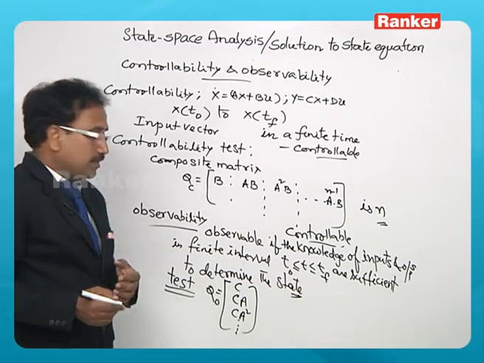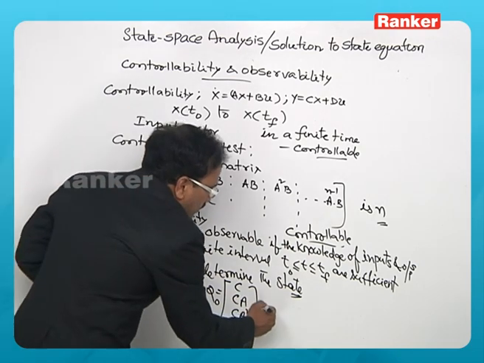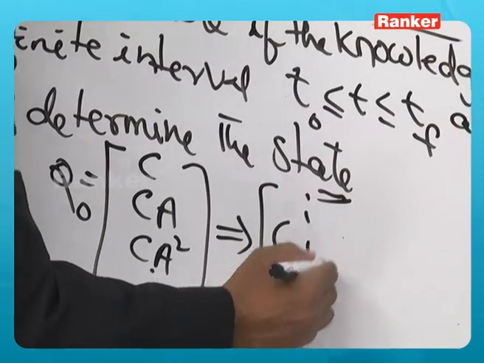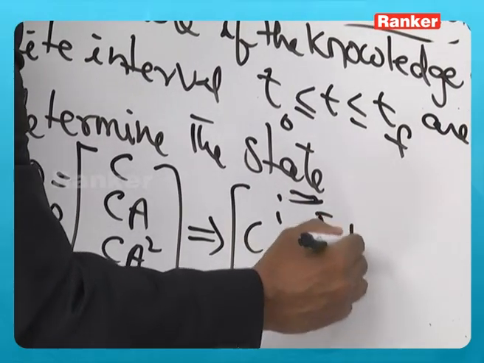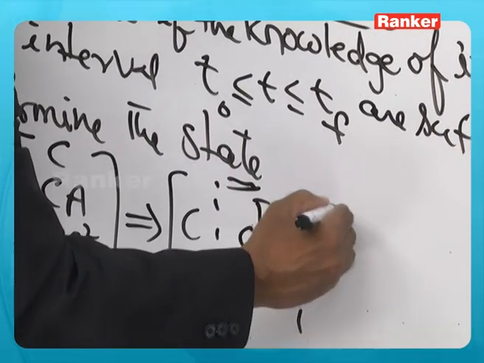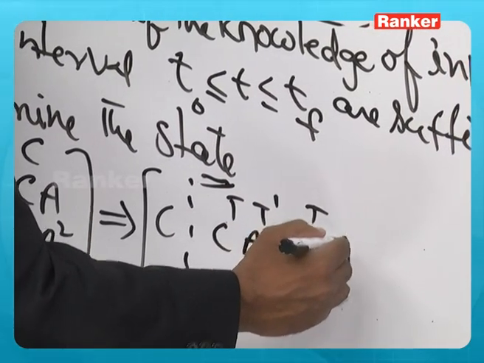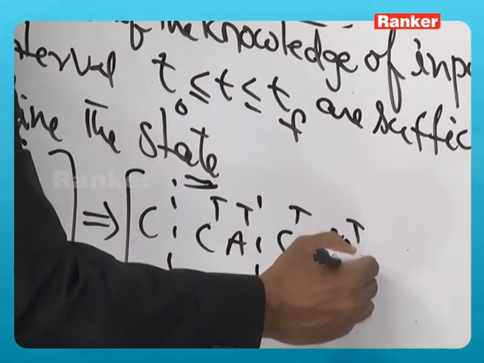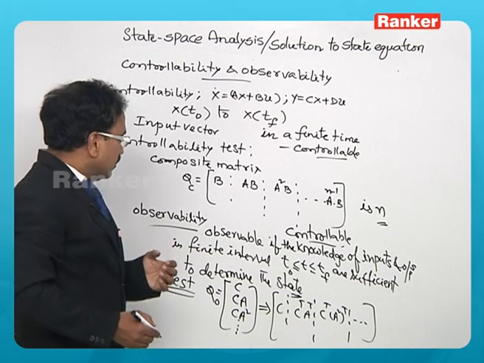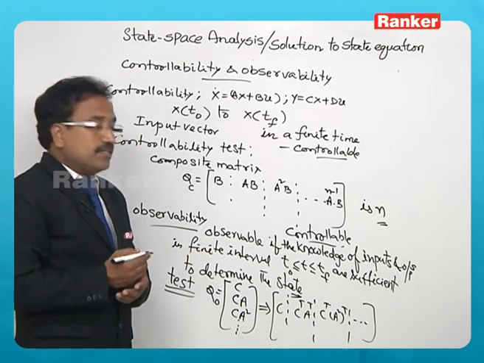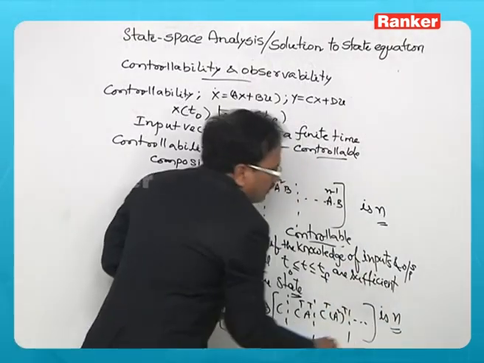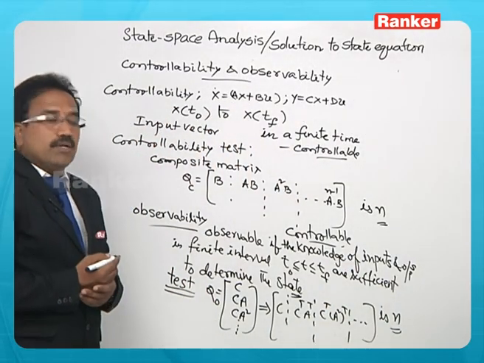So, this also can be written as C as the first component, then A transpose C transpose, and the third component A square transpose C transpose, and so on. So, the rank of this Q naught, that is observability matrix, also should be n, then we say that the system is observable.